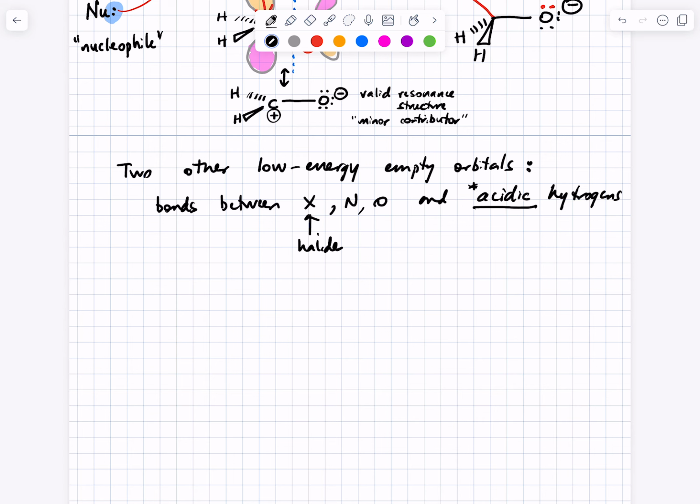So just put an asterisk on what an acidic hydrogen is, but I'll give you a hint. One example is the hydrogen in hydronium, H3O+. So sigma bonds between an electronegative heteroatom and an acidic hydrogen generally have low energy sigma star antibonding orbitals.